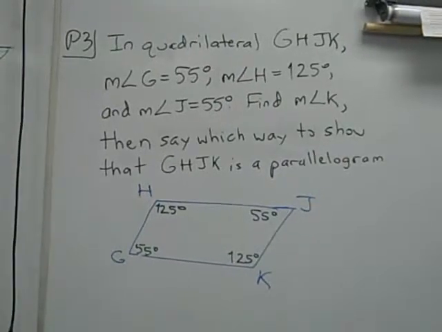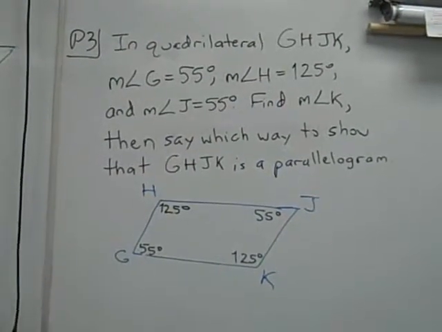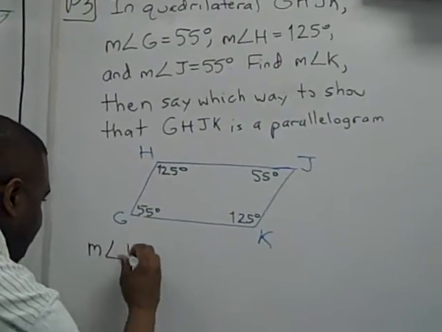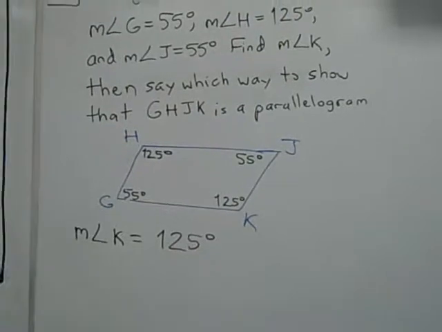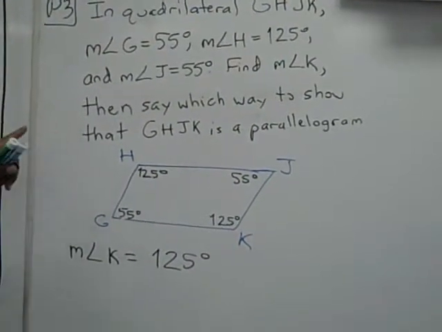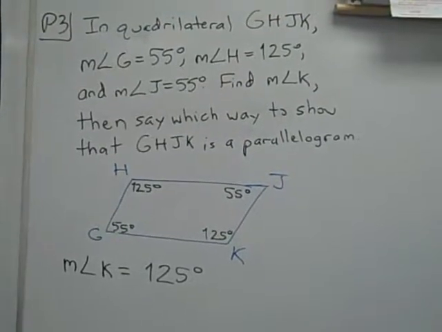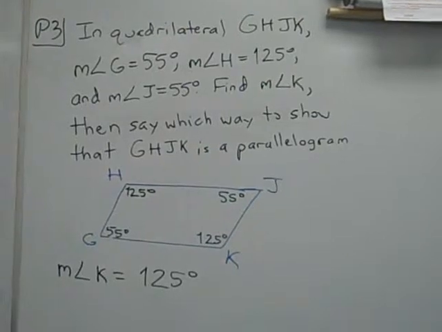So let's sum up this problem. We need to find the measure of angle K. So we'll say that the measure of angle K is 125 degrees. Now we have to go back and answer the rest of the question. Then we have to say which way we can show that GHJK is indeed a parallelogram.